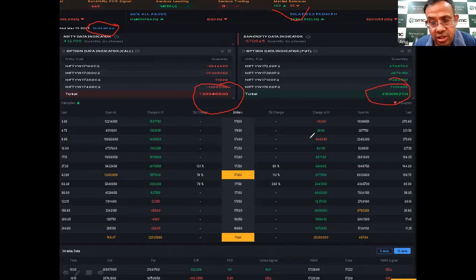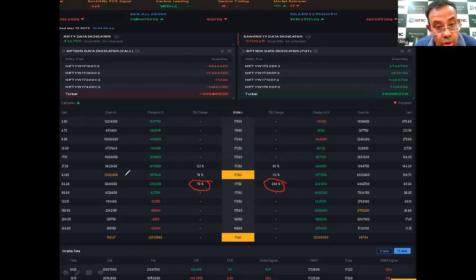One more thing you can see here is that call writing was at 79 and put writing was at 330. Your resistance was at 200 and your support was at 17,000, right?